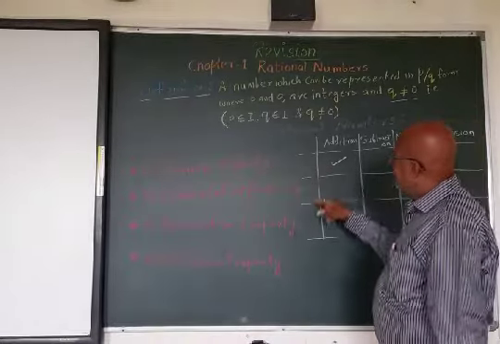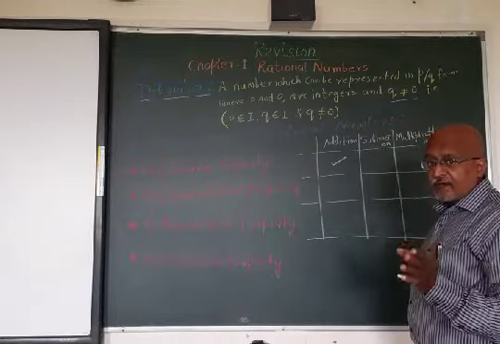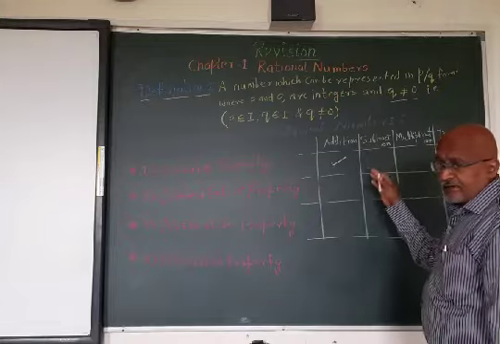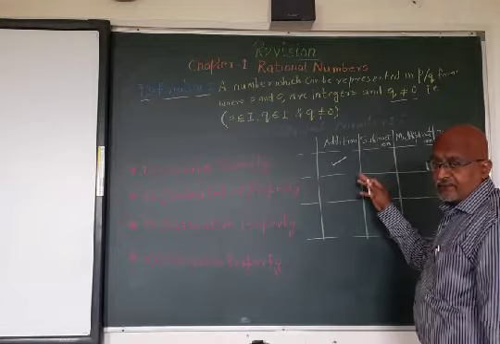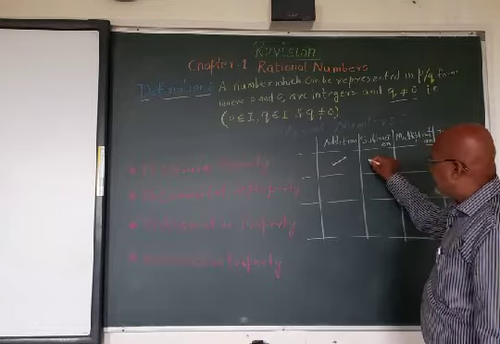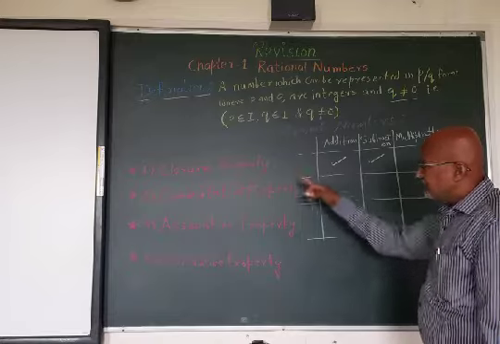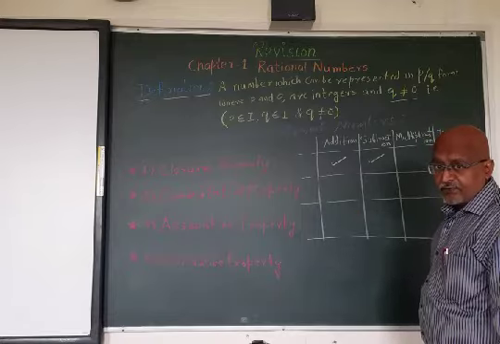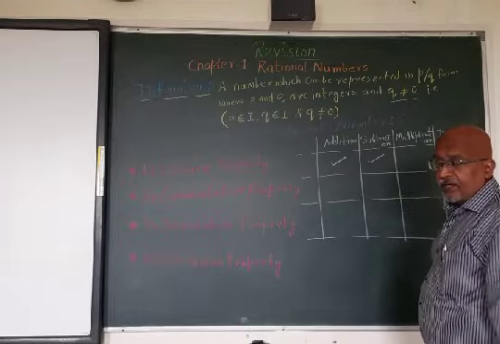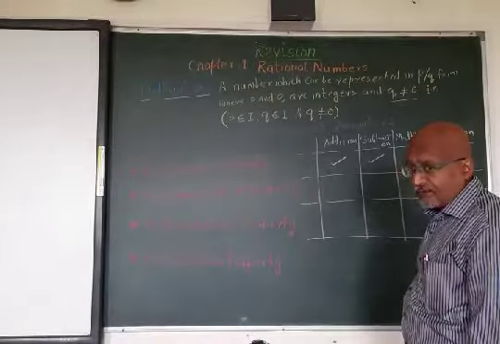Second is subtraction in the closure property. When we subtract one rational number from another rational number, the result, the difference, is also a rational number. So subtraction is also closed under this property. Multiplication: when we multiply two rational numbers, we get a rational number only.